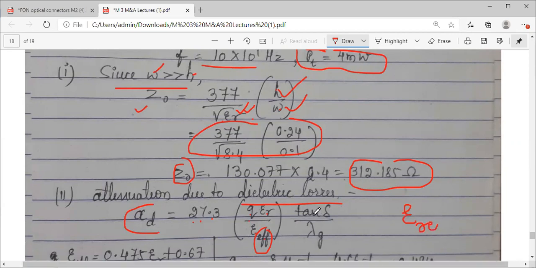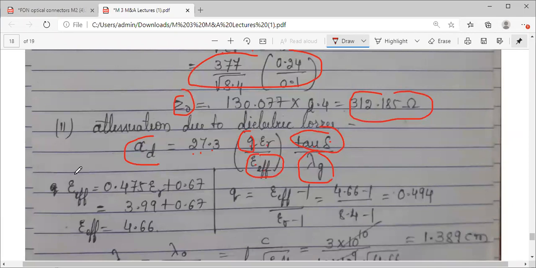Here, what all things are given to you? Tan delta is given. Frequency is 10 gigahertz, but you have to find lambda g. Epsilon effective is not given to you, and Q is not given to you, so you need to calculate them.